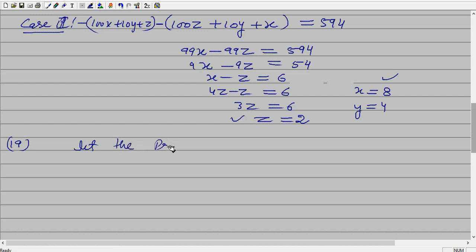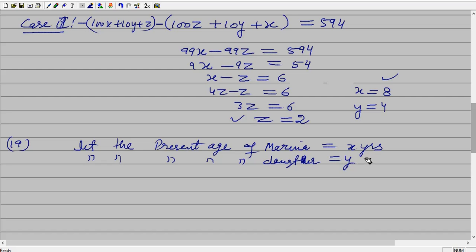First we suppose, let the present age of Marina be X years, and let the present age of the daughter be Y years, right?